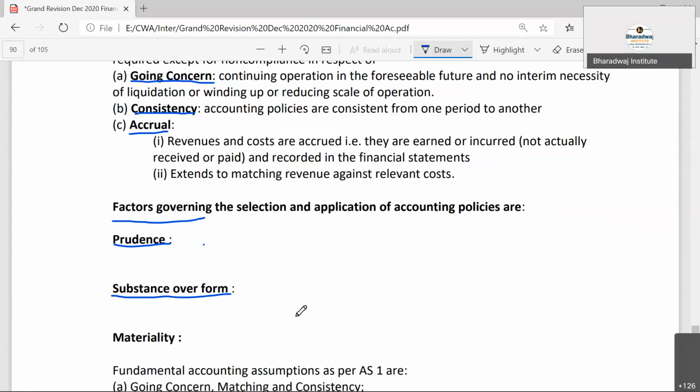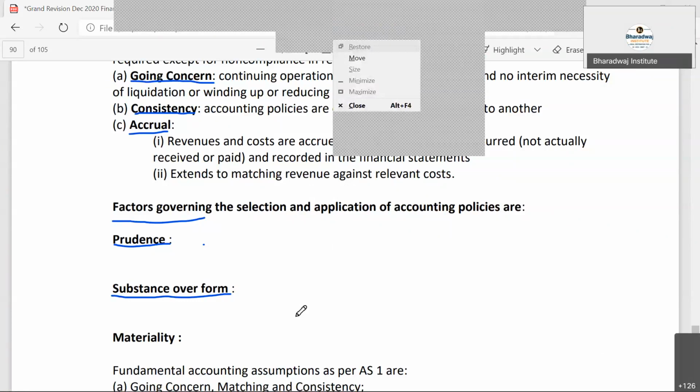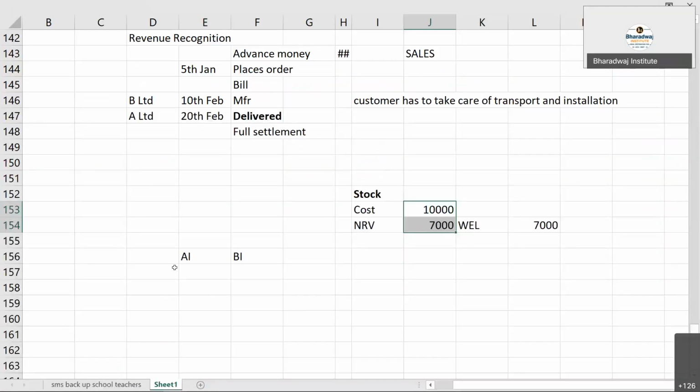Substance over form means truth should be disclosed. What is truth? There is a question of fact. Fact is truth. Let's assume a person is having an agricultural income and a business income. Actually, in agriculture he's having a loss of 4 or 5 lakhs.